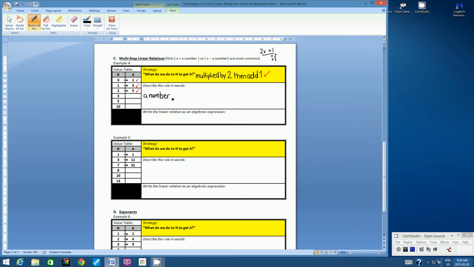A number multiplied by 2, then added to 1. Or you could have put then increased by 1. A number multiplied by 2 then added to 1.